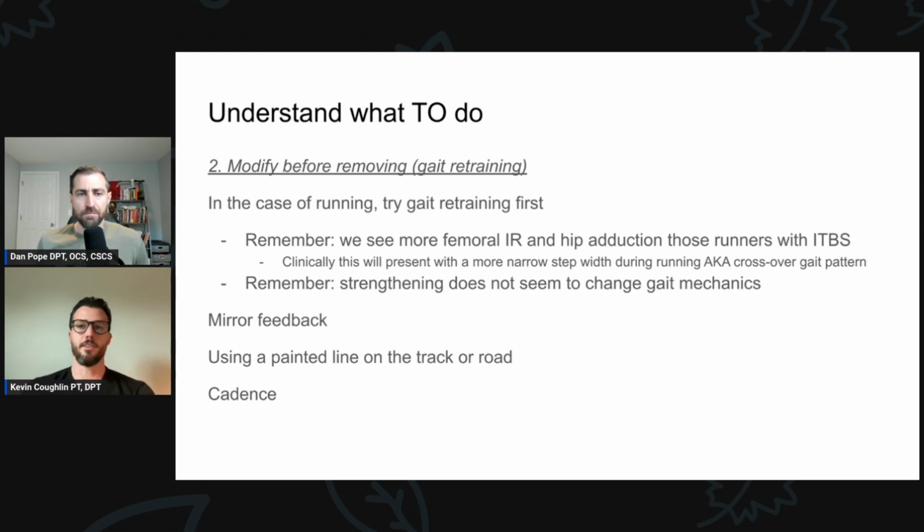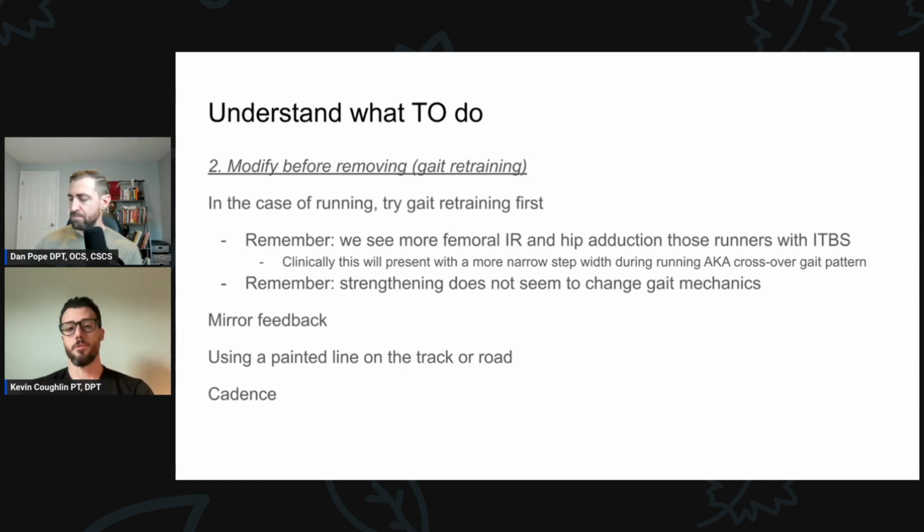It's not like this is going to turn into a bone stress injury or they're going to tear their IT band. So they don't have to be fearful about running with some pain. But once your mechanics start changing because of pain, we should probably modify.